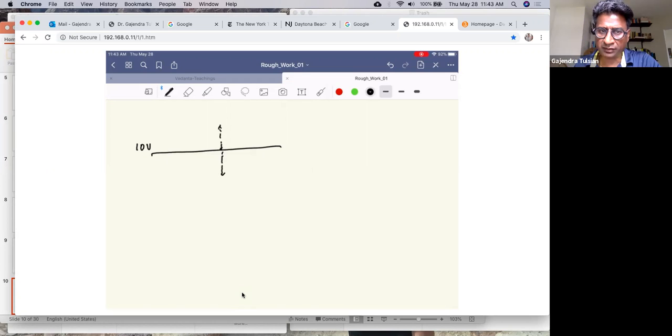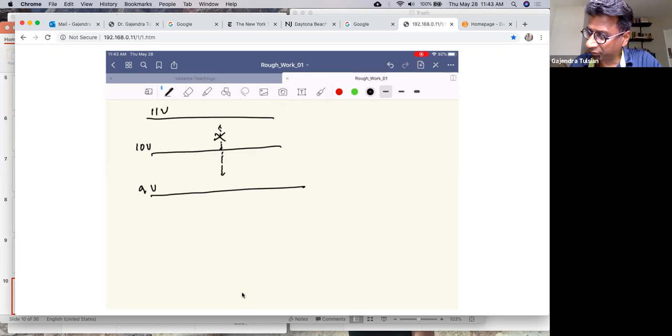Which way is the electric field pointing? Well, it's perpendicular to the surface and it points in the direction of decreasing potential. So if this one is 9 volts and this one is 11 volts, the electric field is not this one, but the electric field is this one. So the electric fields are perpendicular to equipotential surfaces and they point in the direction of decreasing potential.